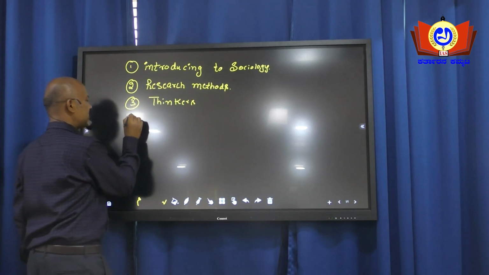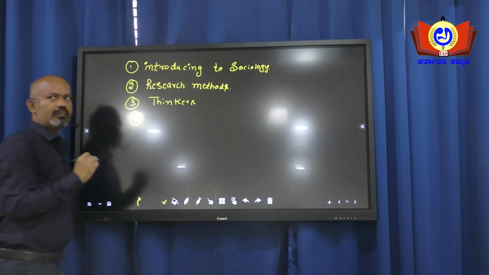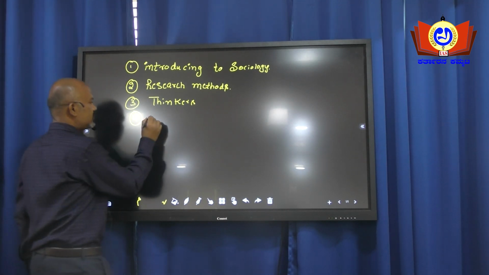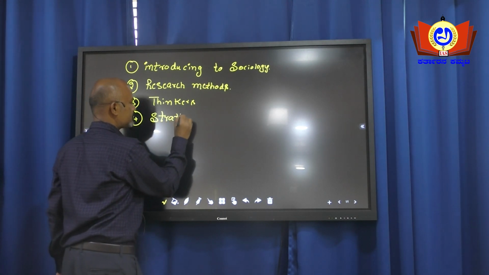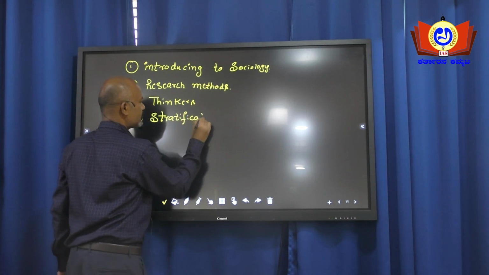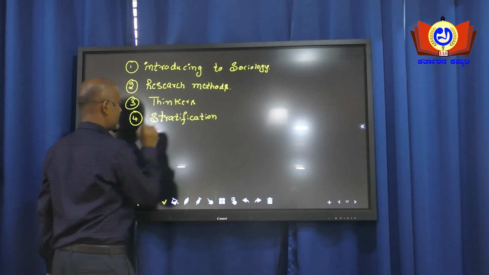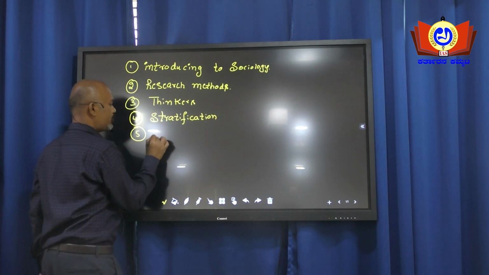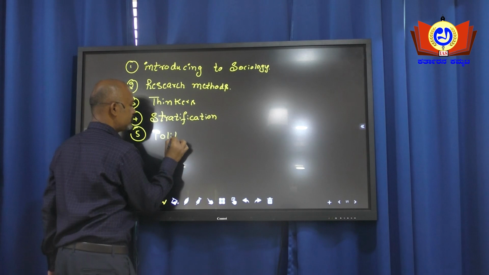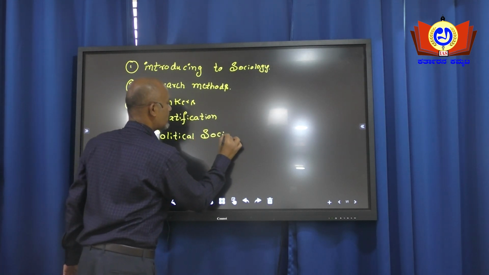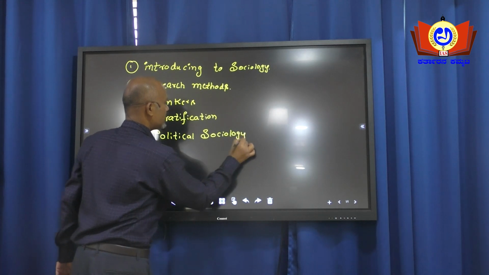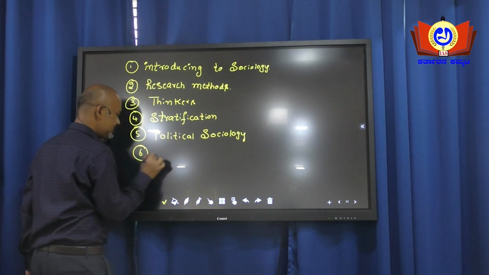Then we have thinkers, clubbing both paper 1 and paper 2. Then we have stratification. Then we have political sociology. Then we have the concept of religion.